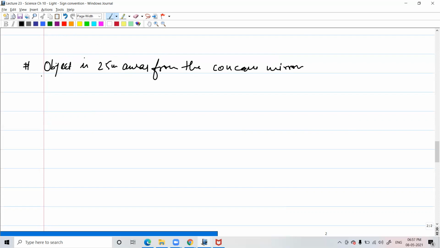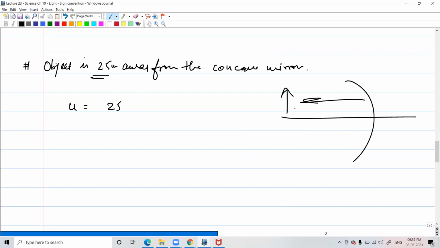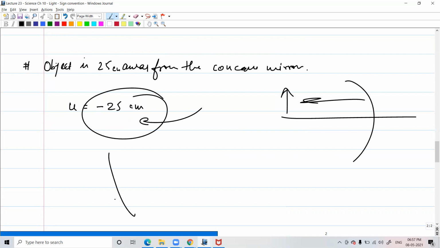You will consider this as U, but you should not just write 25. For a concave mirror, normally we place the object to the left of the mirror, so U is going to be negative. You have to write it as minus 25 centimeters. This minus sign is something you will have to put. It will not be given in the question. Be very careful about this. Don't just blindly write 25 and move on with the calculation.